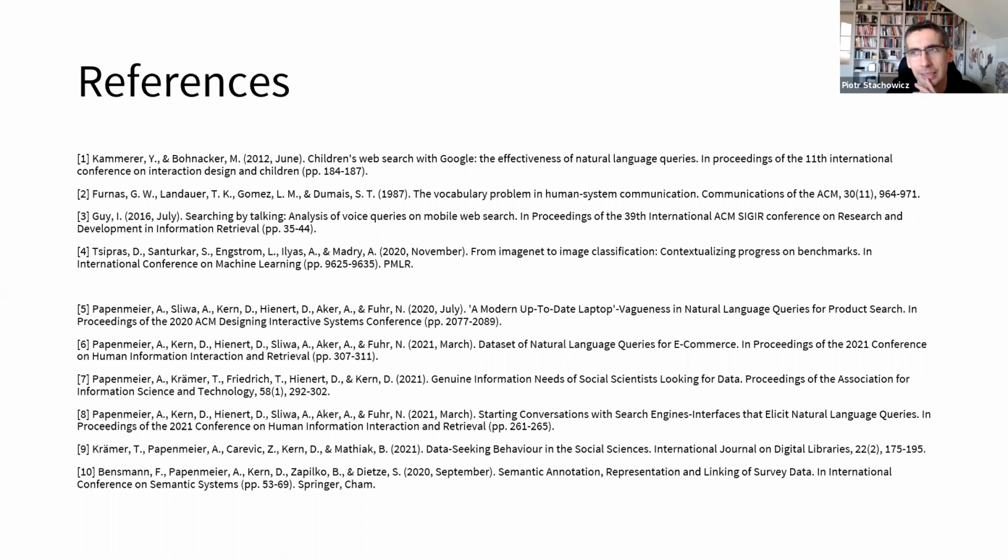And the diagram that you showed about vagueness of queries, right? That there is this bimodal distribution. That maps onto two patterns that we found, at least two.